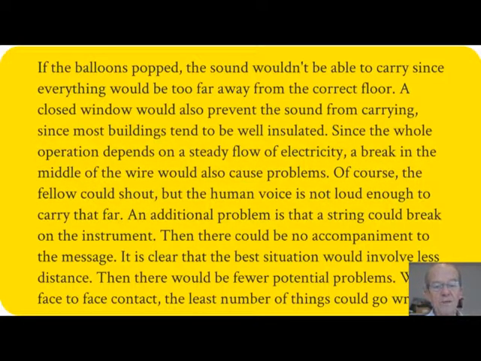If the balloons popped, the sound wouldn't be able to carry, since everything would be too far away from the correct floor. A closed window would also prevent the sound from carrying, since most buildings tend to be well insulated. Since the whole operation depends on a steady flow of electricity, a break in the middle of the wire would also cause problems. Of course, the fellow could shout, but the human voice is not loud enough to carry that far.